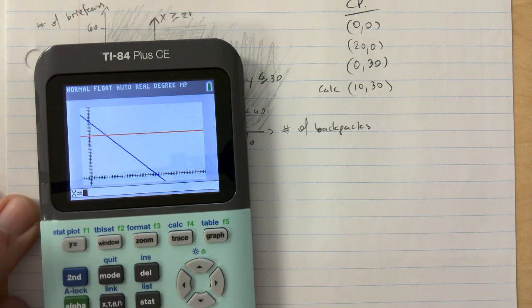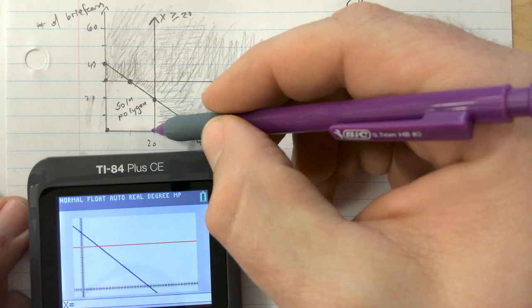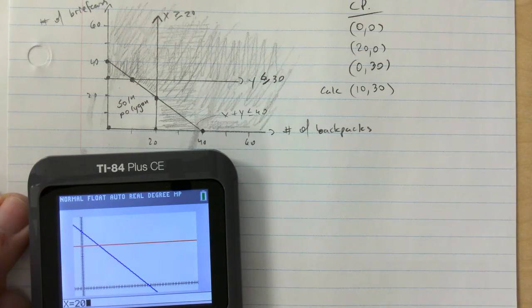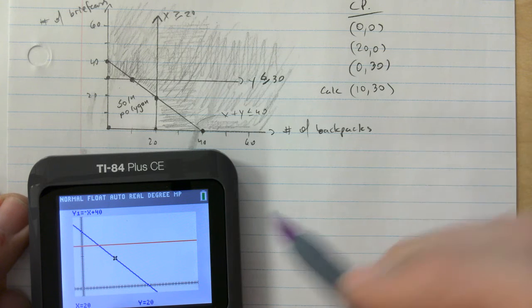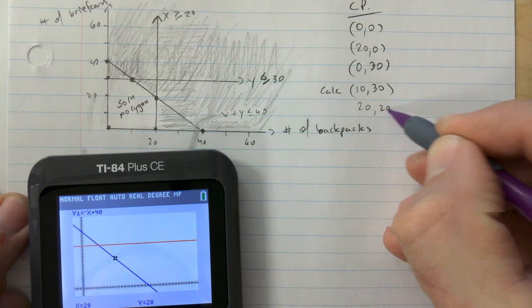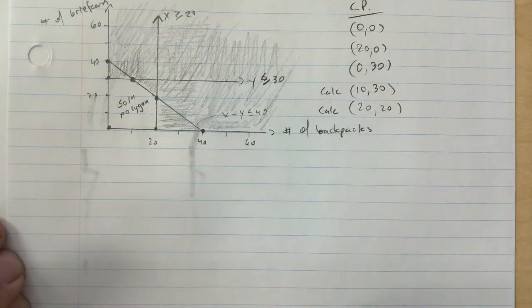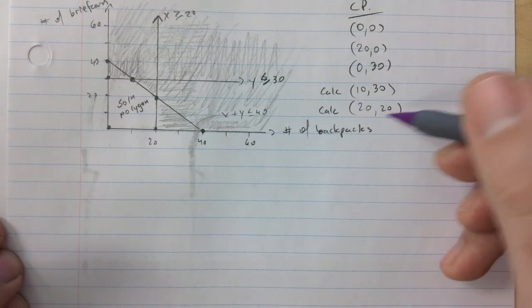Second trace 1, and it's x. X is going through here, so we're going to type in x is equal to 20 and then get 20 there. So it's 20, 20. Coincidence. All right, so 20, 20.